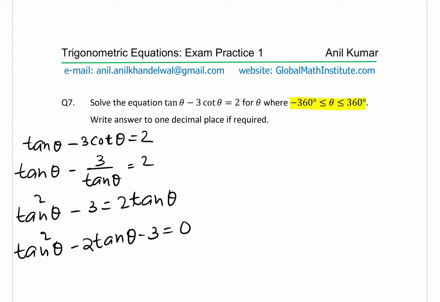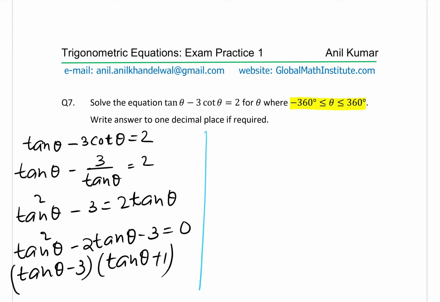Now we could factor. We need a product of minus 3, sum of minus 2. So we could write this as tan theta minus 3 times tan theta plus 1. So we get a factored form of the quadratic equation, and from here we can get our solution.